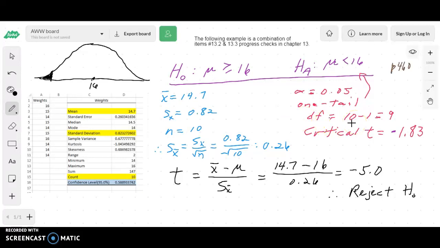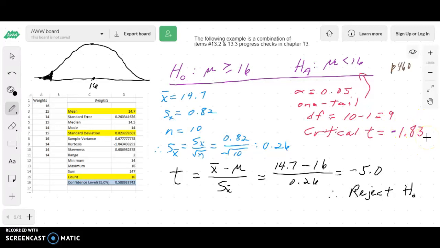Since 10 was the sample size, I subtract 1 from it, and I get degrees of freedom of 9. So on that table, I identify it's a one-tailed test, go under the column for the alpha of 0.05, and go down to the row that has a degree of freedom of 9. And it gives me a value of 1.83.